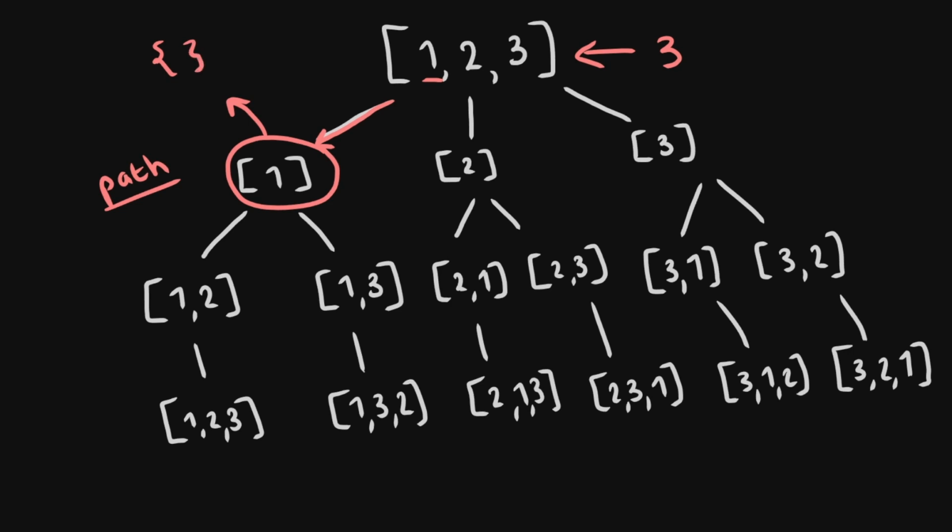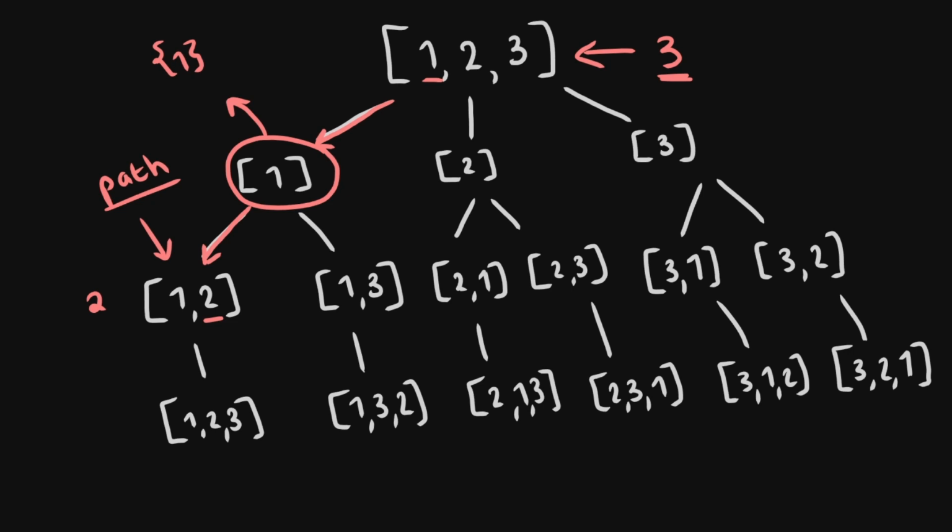So we can store this in some visited set. And then what we can do is recursively call this function to add the remaining elements. So here we can call again, and we add 2 because we already see that 1 was in the visited set. So now that means we have 1, 2 as the path, and we can see that the length of this array is 2 at this point, which is not 3.